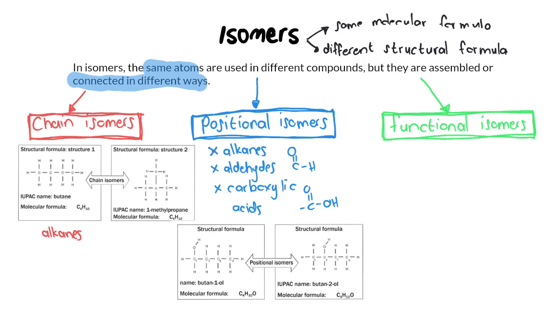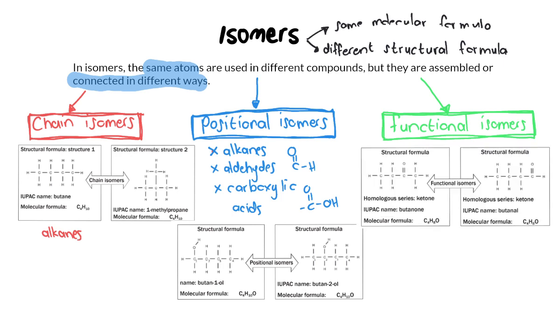Now, lastly, we're going to look at functional isomers. So your functional isomers are isomers or molecules that are in different homologous series. So they have different functional groups. So luckily we only have two examples. So here I gave you the one example. Again, sorry, this textbook has it wrong. This one is an aldehyde because the carbon oxygen double bond is at the end of the chain.